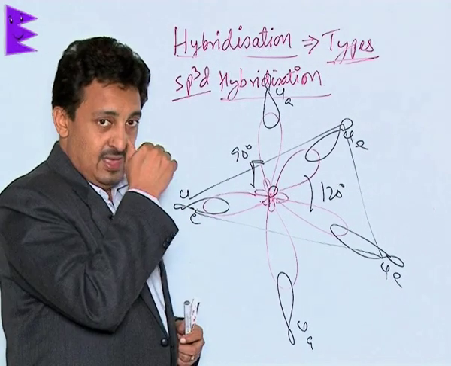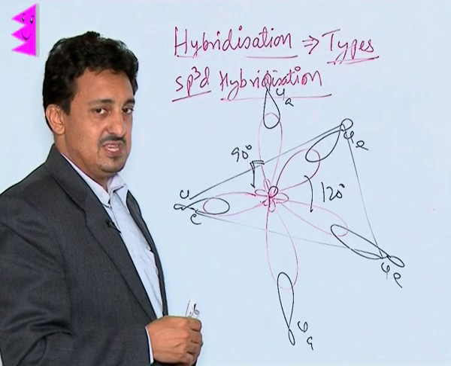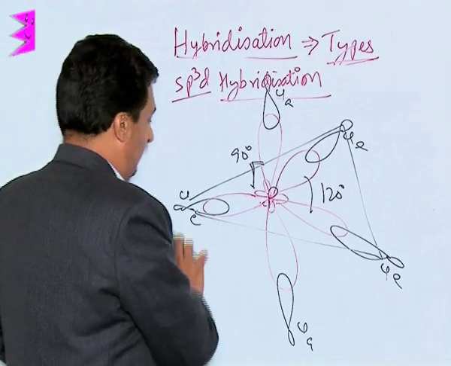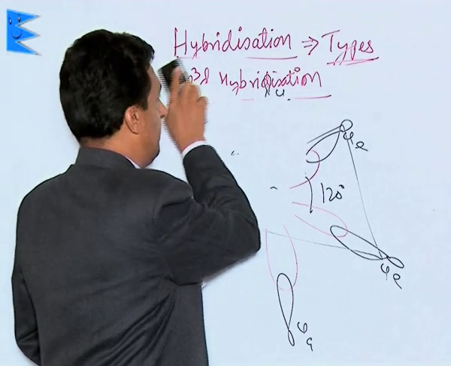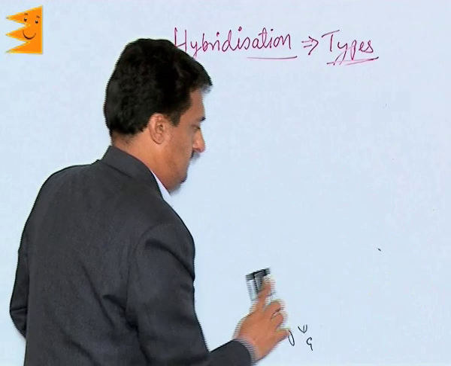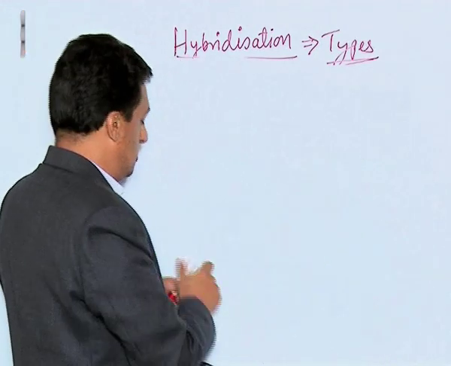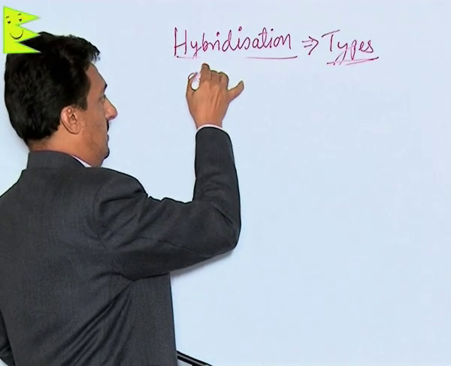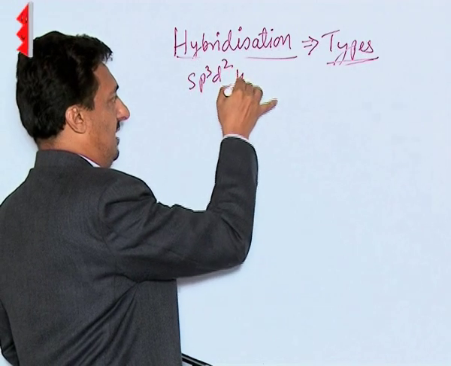Now let us take the next type of hybridization in which the d is involved, and that's called sp3d2 hybridization.